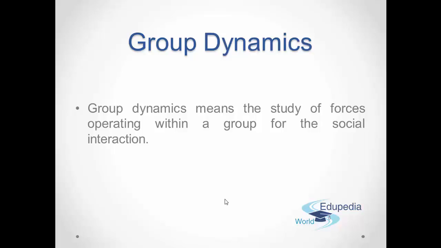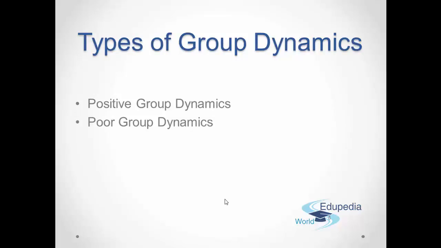Group dynamics concern how groups are formed, what their structure is, and which processes are followed in their functioning. Thus, it is concerned with the interactions and forces operating between these groups. Now there are two types of group dynamics: positive group dynamics and poor group dynamics.